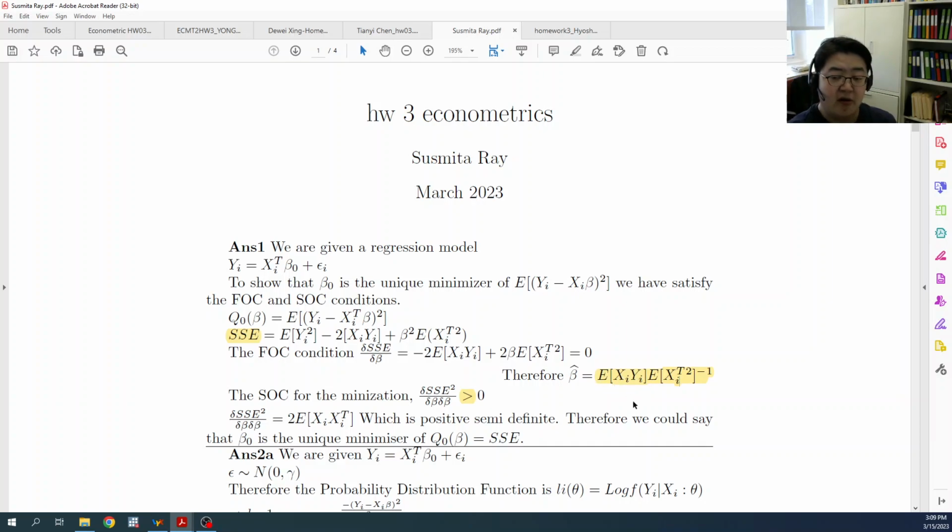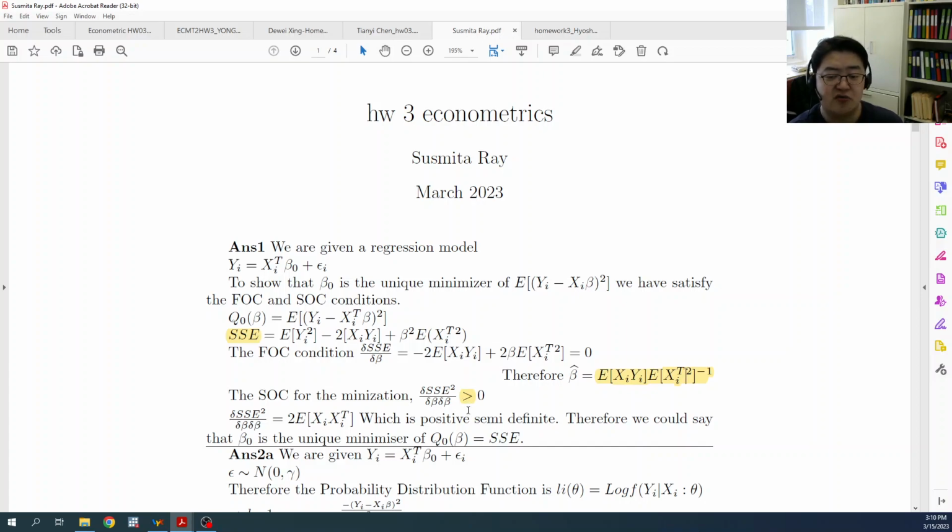So this is wrong. Remember, in linear algebra, pre-multiply and post-multiply are different. In scalars, a plus b equals b plus a, or a times b equals b times a. But in matrices, it's not true. So this is wrong. It's not a matter of notation, but it is wrong. Post-multiplication is totally different from pre-multiplication. So keep that in mind.